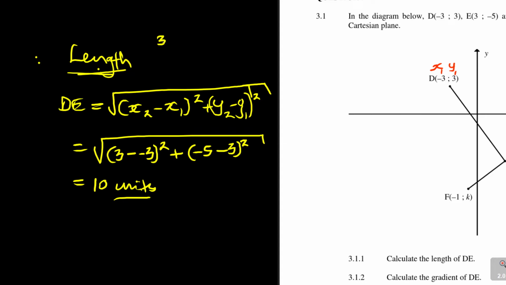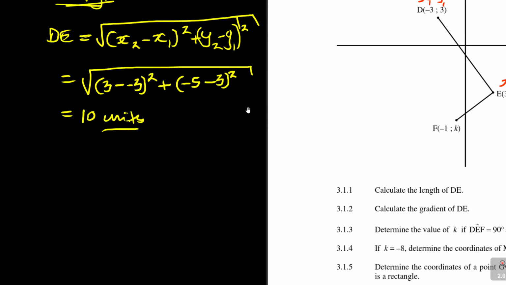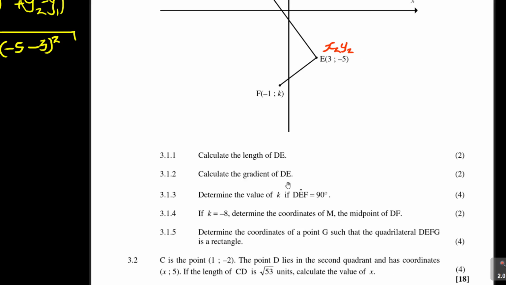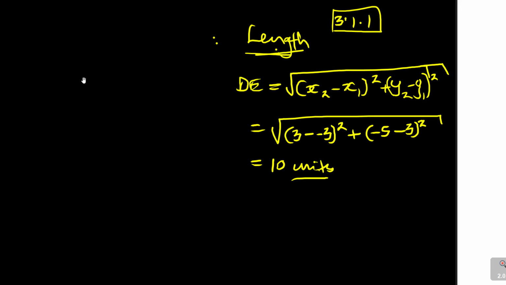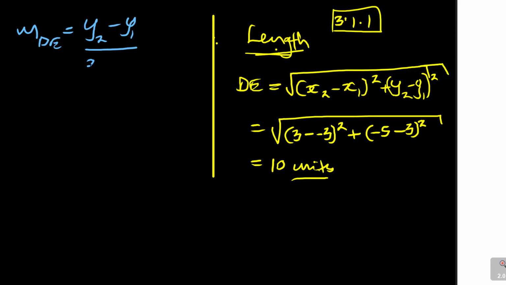Some of these questions have a follow-up, so you just leave them like that. Calculate the gradient of DE. Now gradient, let's divide further. You know the formula for gradient: M of DE is equal to y2 minus y1 over x2 minus x1.